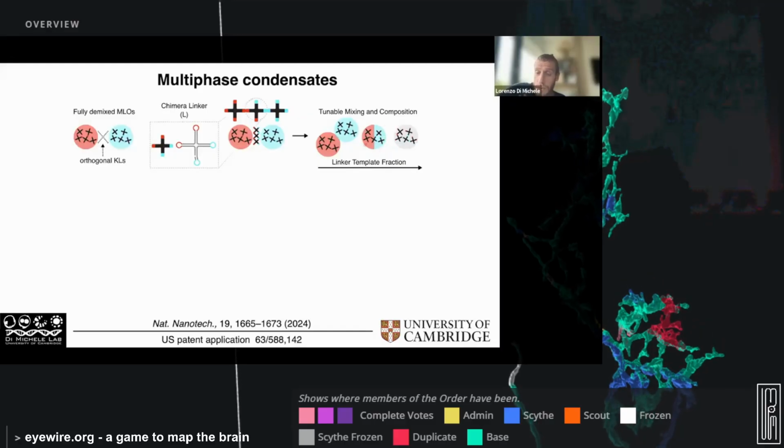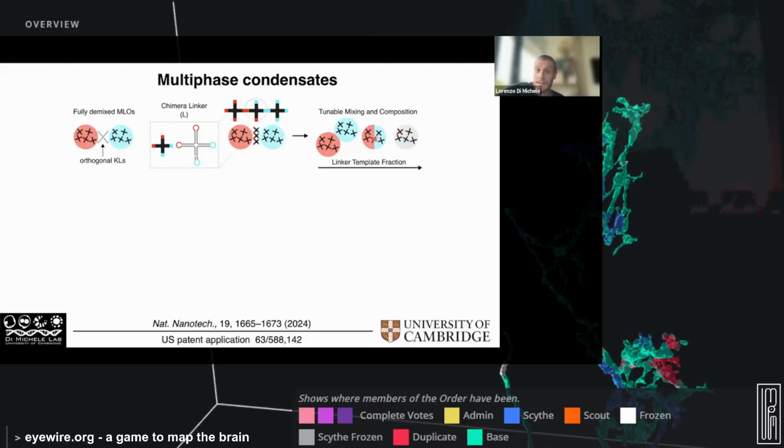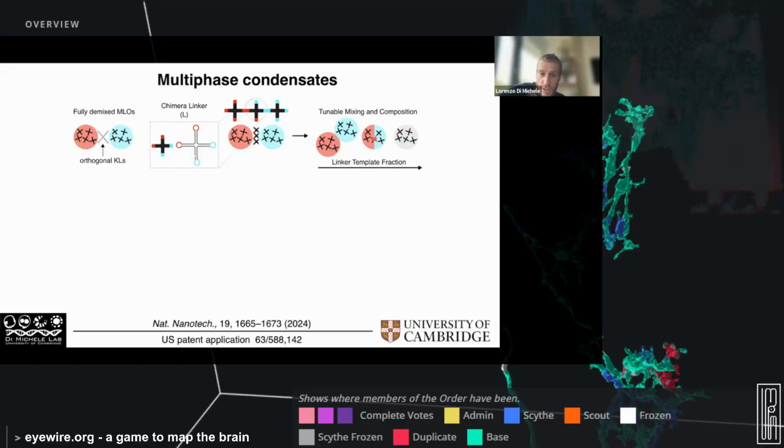And in between, hopefully we'll get situations in which you have these partially mixed condensates that have domains that are rich in A as well as domains that are rich in B.